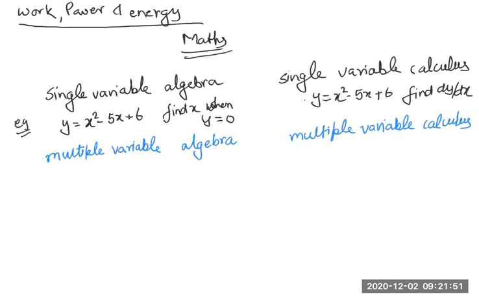However, in physics, you are going to see some multivariable algebra. Multivariable algebra is, I can give you again an example. Can anybody think of a multivariable equation that has been taught to you in physics? You already know. I know that you know at least one multivariable equation.